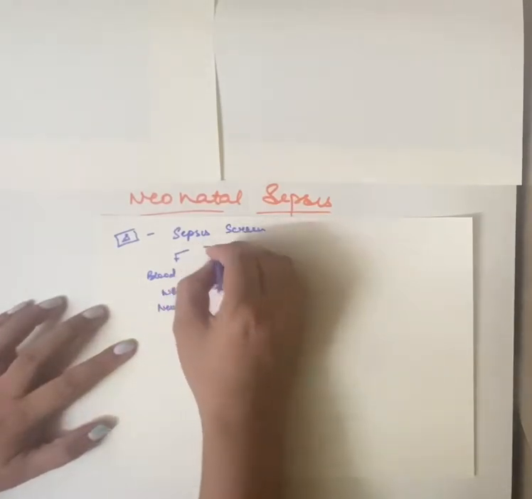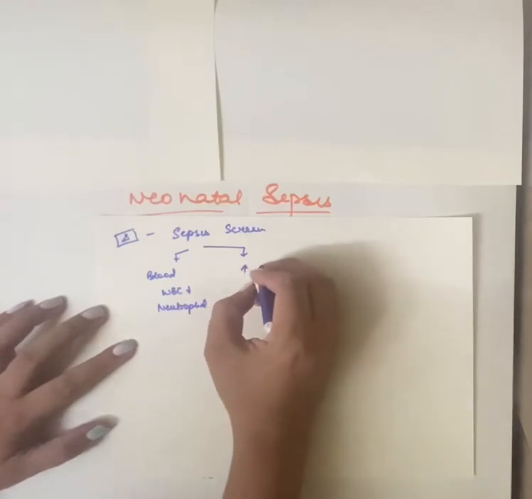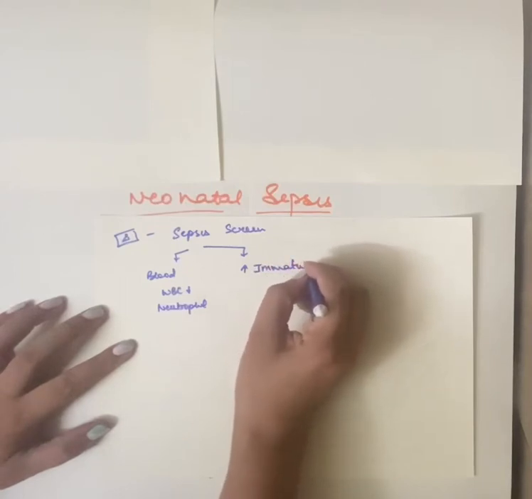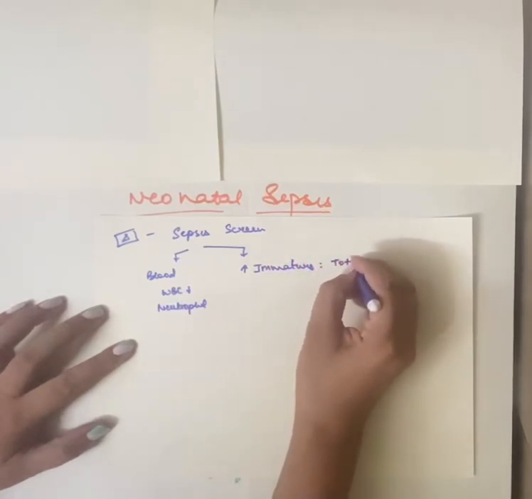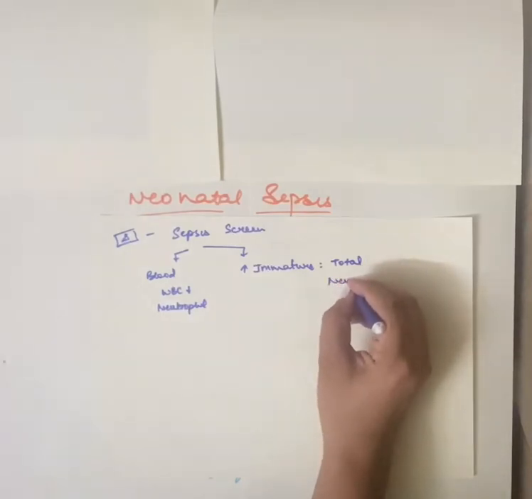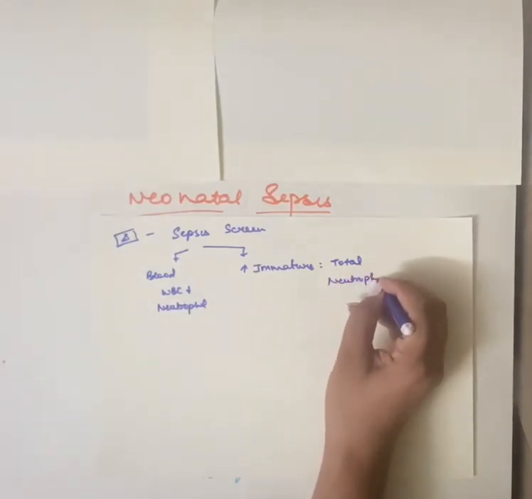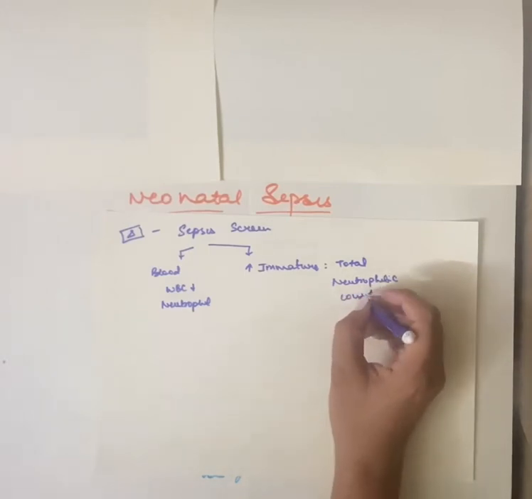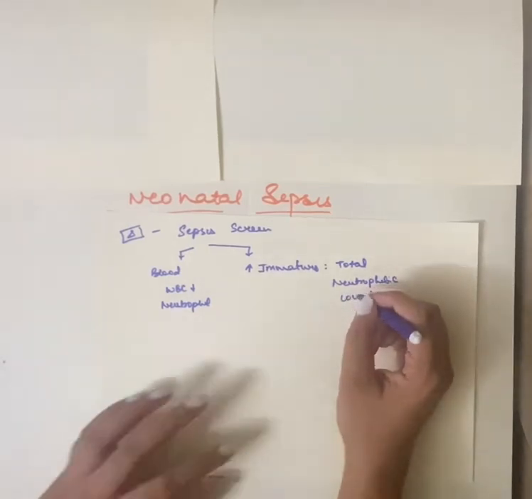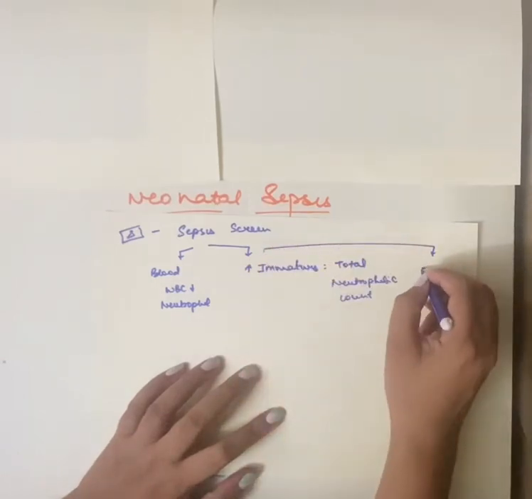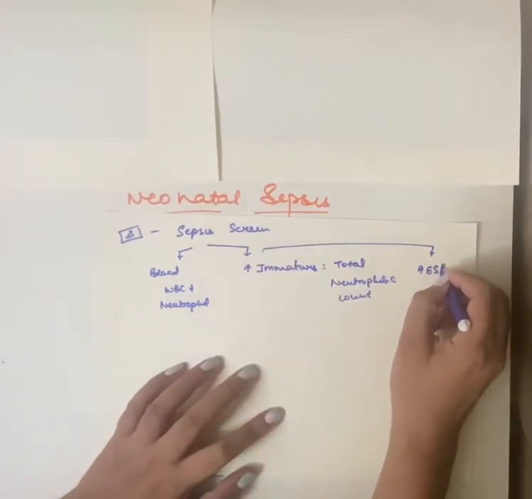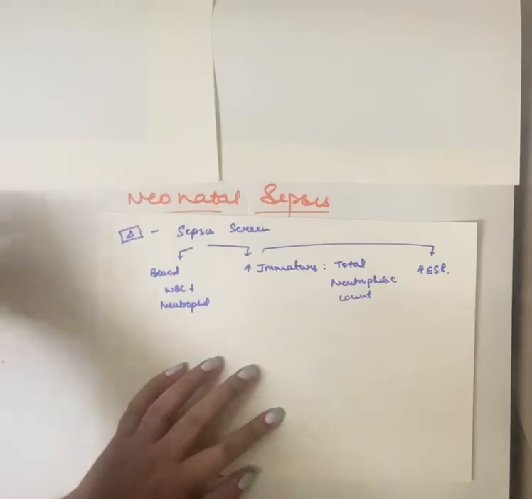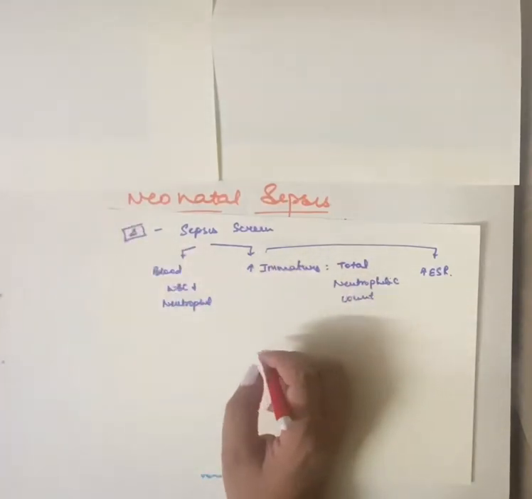Then there is increase in the immature to total neutrophil count ratio. And there is increase in ESR. So these are the main sepsis screening. These three things come in sepsis screening.